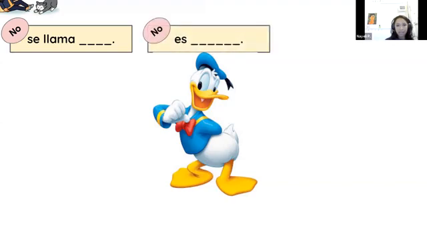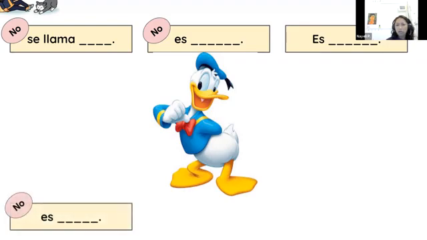No es artístico, no es actor, no es serio, es cómico. Es inteligente. Sí, es inteligente. No es tímido.